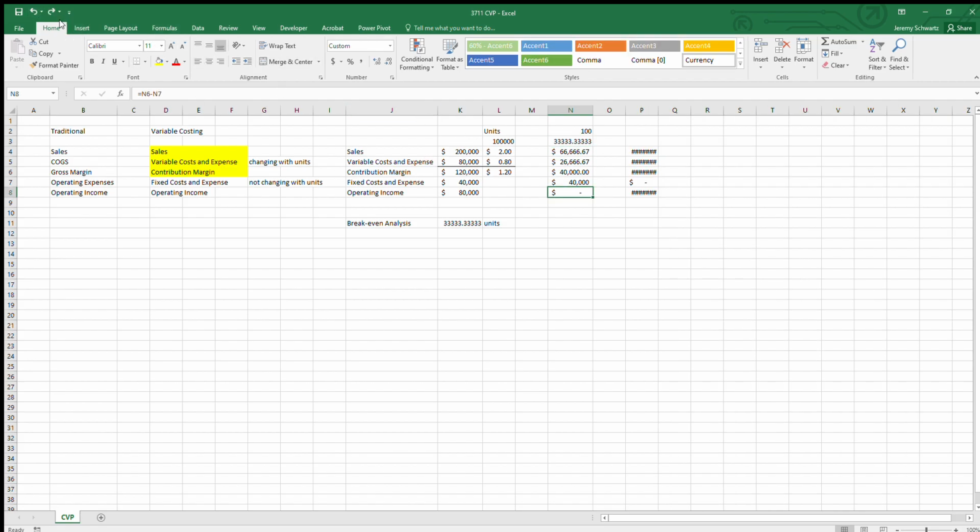And notice that this change comes through from before as well. So I'm going to back this up a little bit just so that we could go forth and do this. Obviously, we can't have 333,000, and we can't have fractional units here.